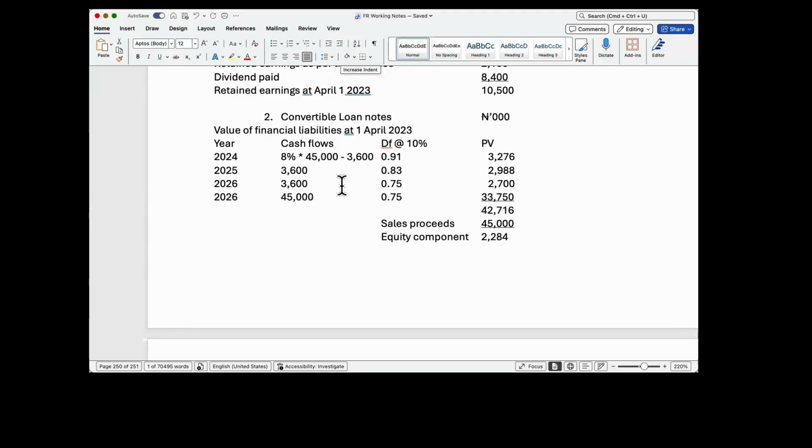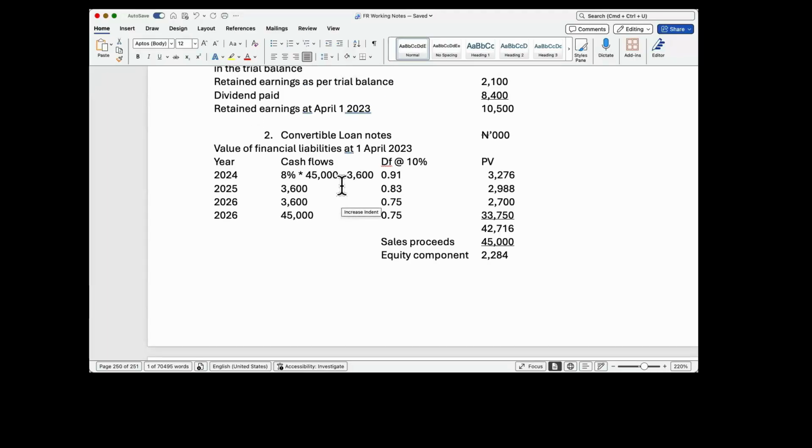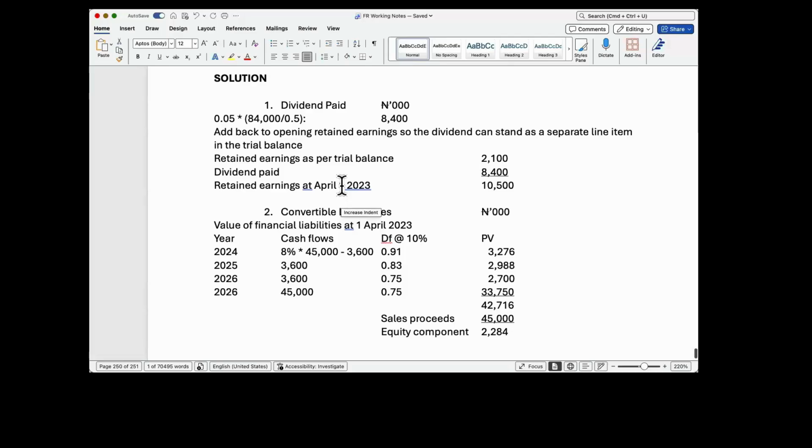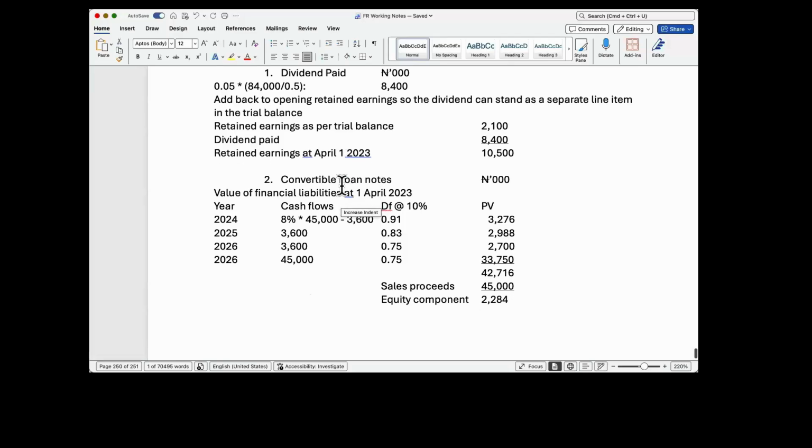So the reason we have to discount it is that the value of the loan notes is 45 million. That was what we issued. And the standard requires that you separate the loan notes into financial liability and equity components at the date of issue, because it's a convertible loan note, the fact that it can be converted to shares.